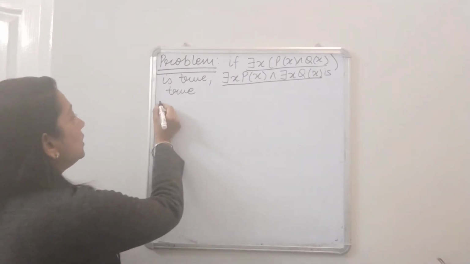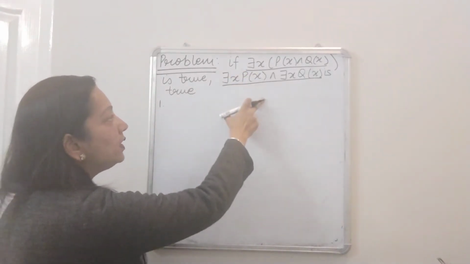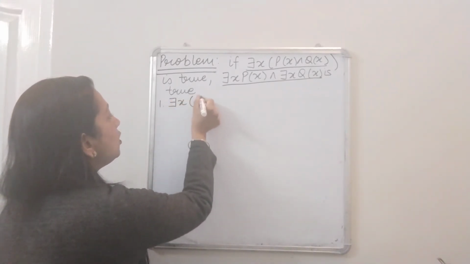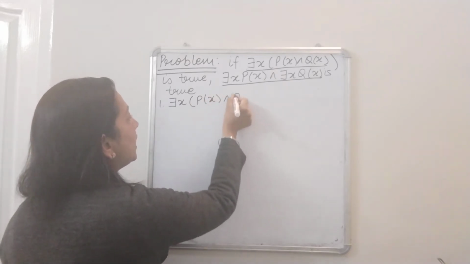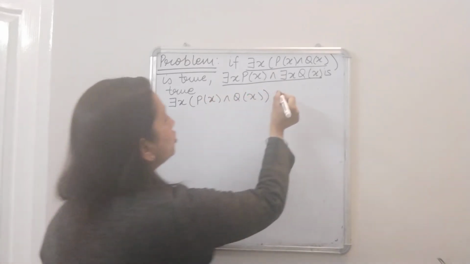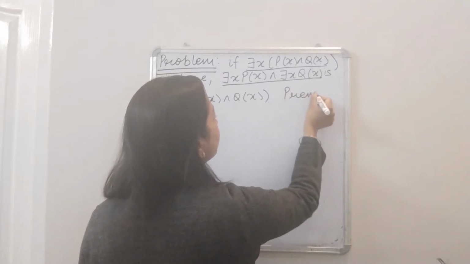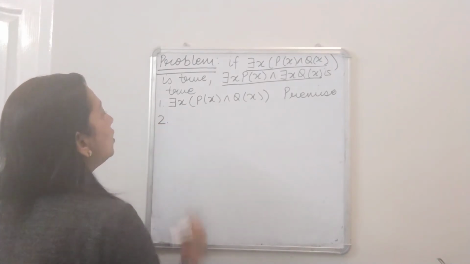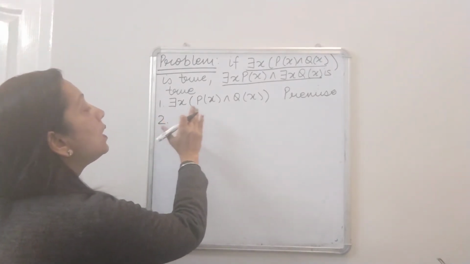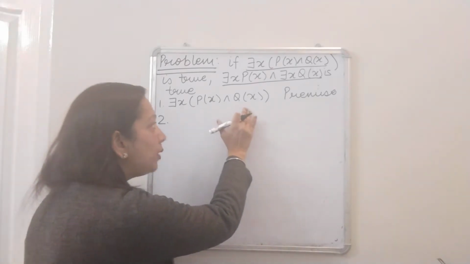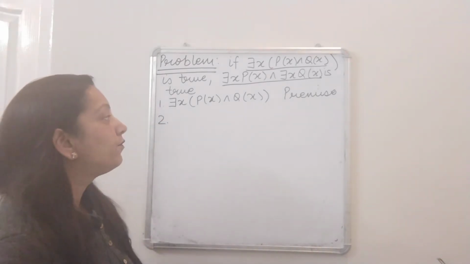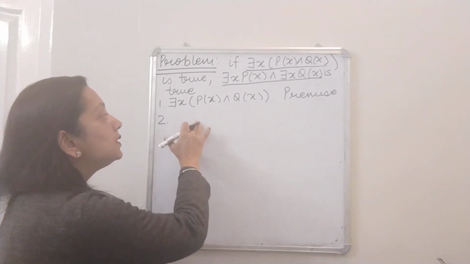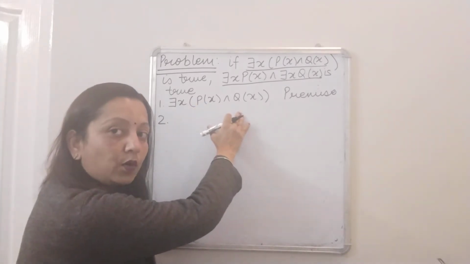Okay, so let's start. The first step here is that we have already been provided with a premise which says that for some x, P(x) and Q(x) in conjunction are true. So this is our first premise. Now since for some x, P(x) and Q(x) are true, as per the rule of existential instantiation, I can say that there exists some c for which P(c) and Q(c) are also true.